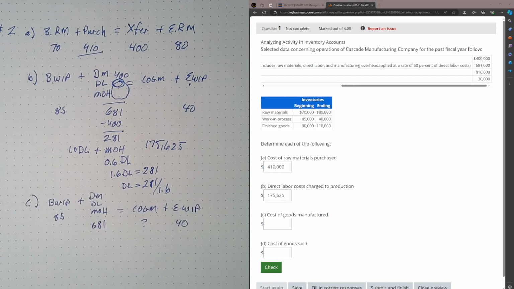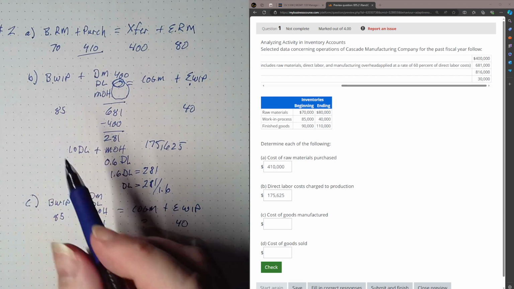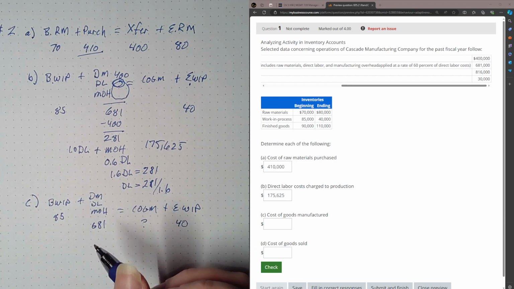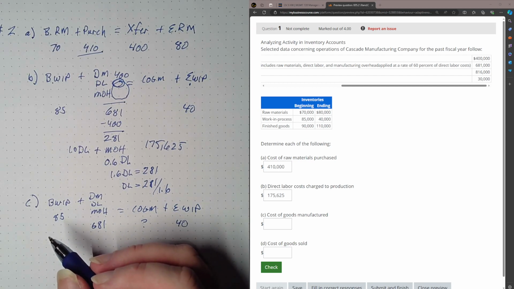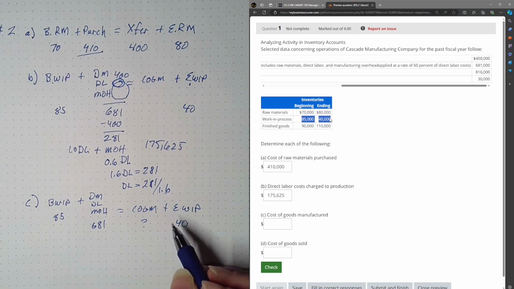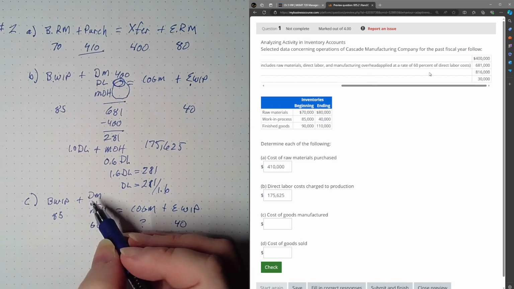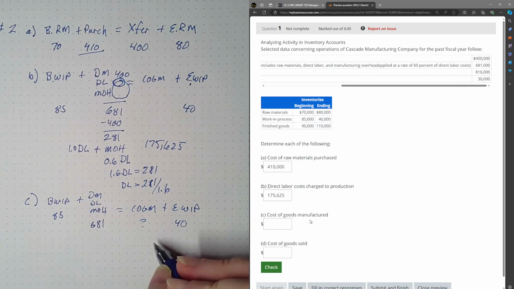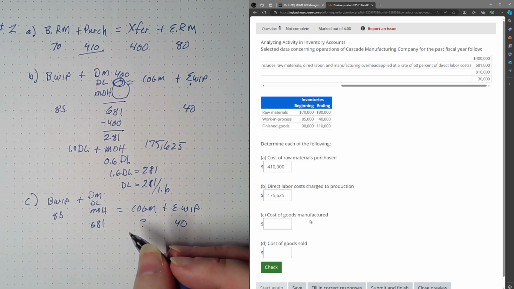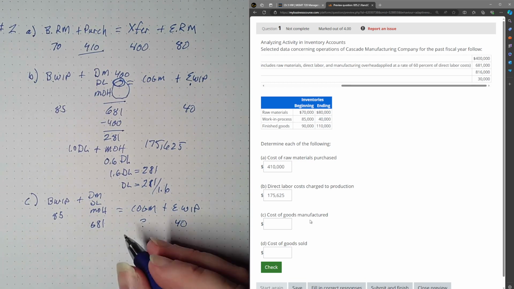So question C, or part C, is asking us, just like question A, for one of the items. So we know from the beginning and ending inventory that we've got work in process beginning and ending of 85 and 40. We know what was added, which was 681, and what they're asking is, what is cost of goods manufactured? Remember, that's the amount that has been completed and moved on into finished goods.